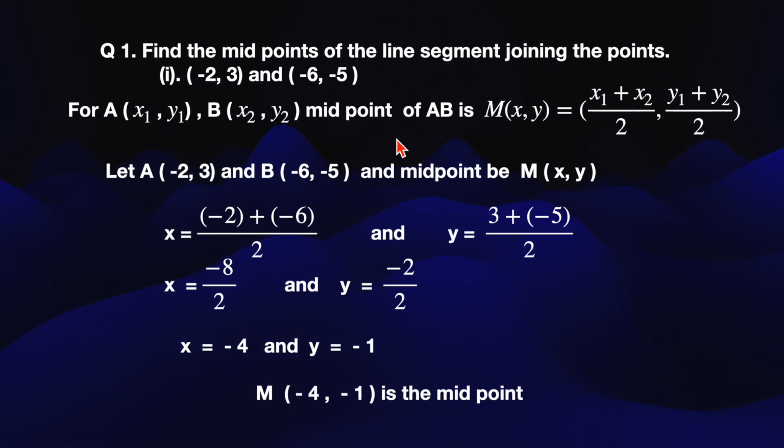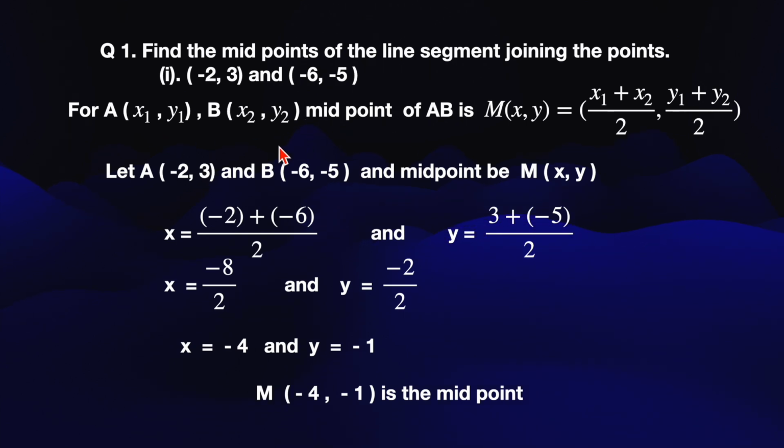So once again I repeat, let A and B be the 2 points and M the midpoint of AB. The coordinates of A are x1, y1, and B are x2, y2. Then the coordinates of the midpoint M (x, y) are x1 plus x2 upon 2, comma y1 plus y2 upon 2.